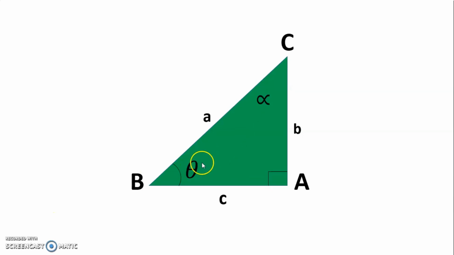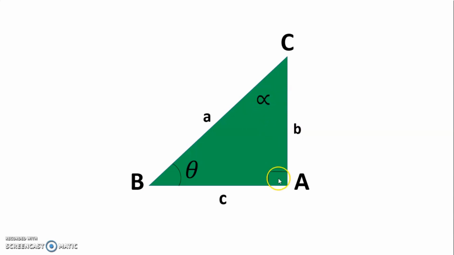What if I change the direction of this angle? Instead of the angle being at point B, I can decide to place the angle at point C. So if the angle under consideration now becomes alpha at point C, where will our hypotenuse be?